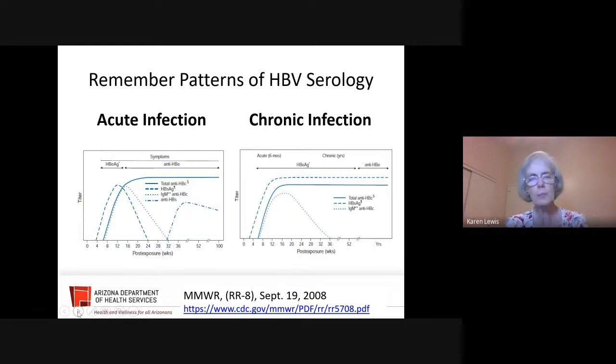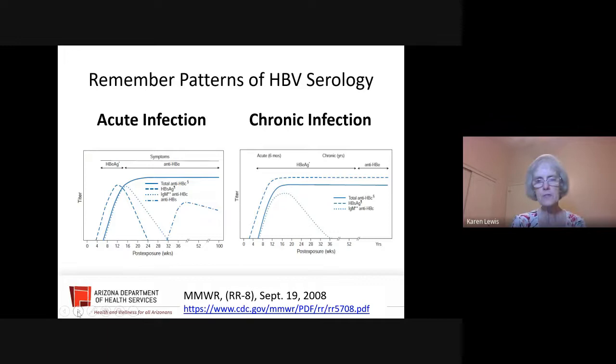And then you have that window period where you only test either the IgM to core antigen, or the total IgG to the core, and then the surface antibody that develops, or with the chronic infection that you never develop antibodies to surface antigen. You always stay positive for surface antigen, although you do develop antibodies to core antigen.